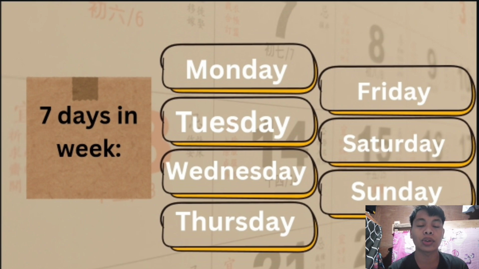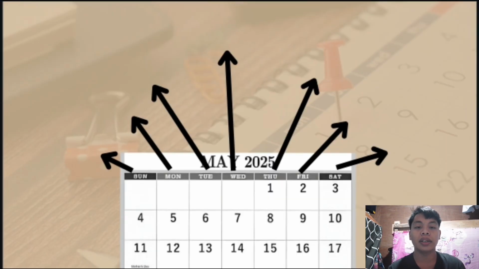We use weeks to plan our schedule, set goals, and track our progress. And in a paper calendar, we see an abbreviation of the days of the week.